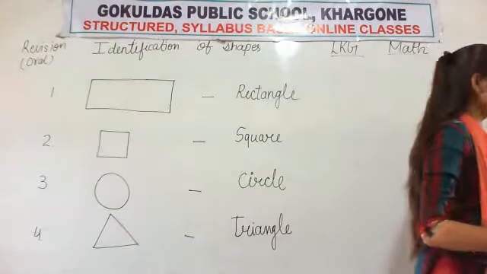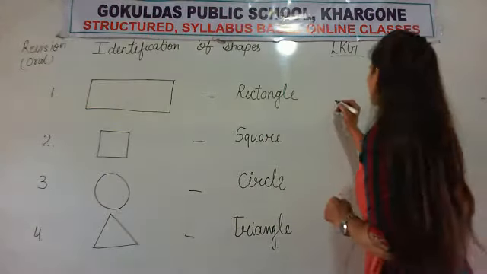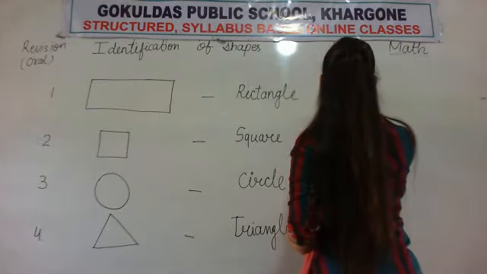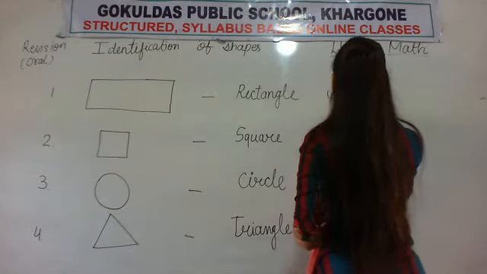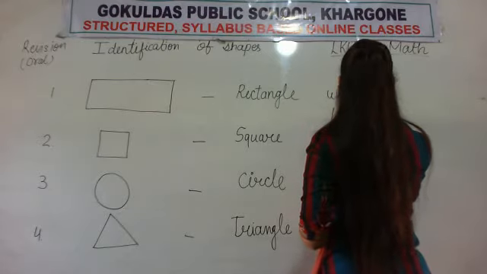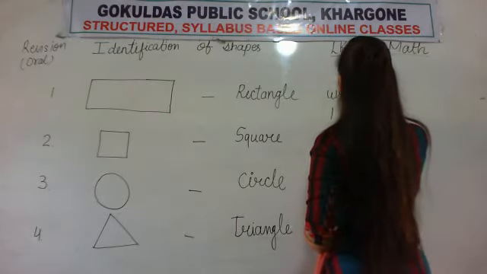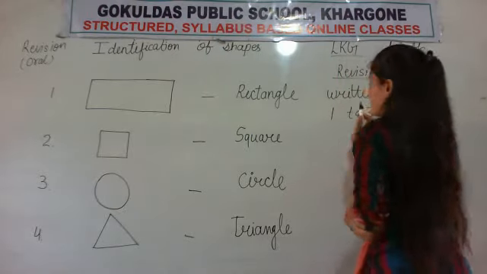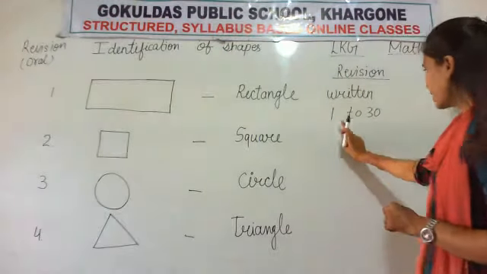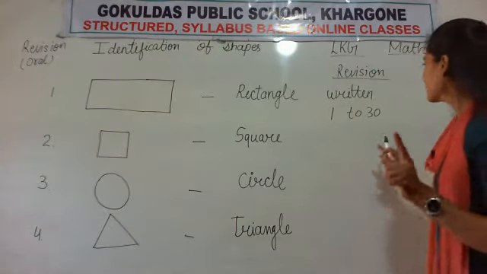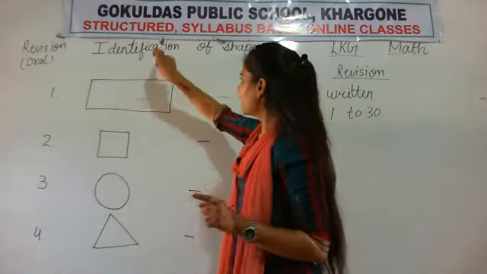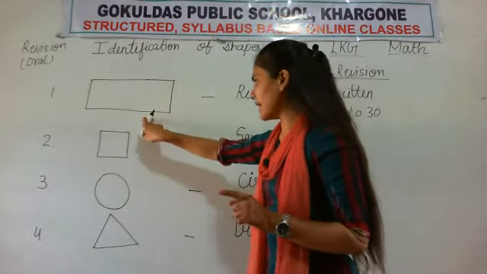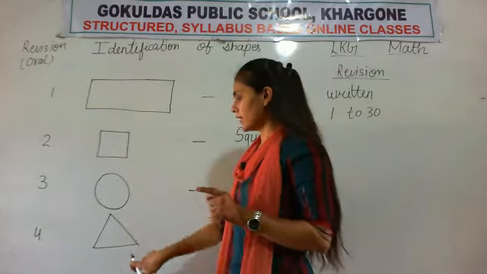Today in written, 1 to 30. Revision for written exam, 1 to 30 you have to write, and on your oral exam revision for identification of shapes like rectangle, square, circle and triangle.